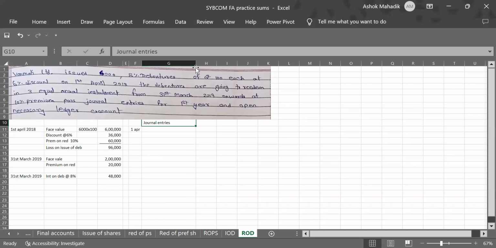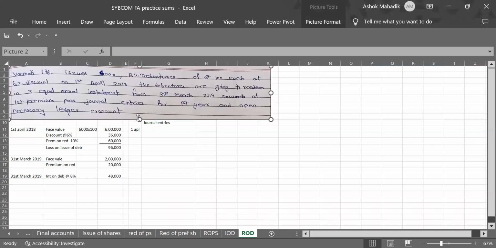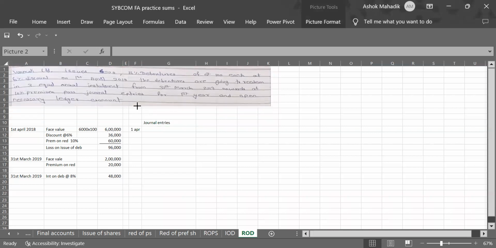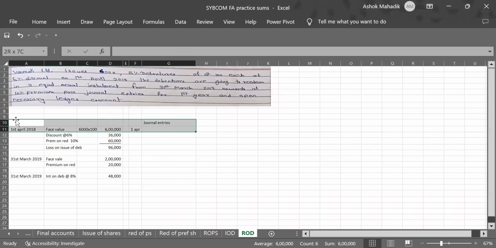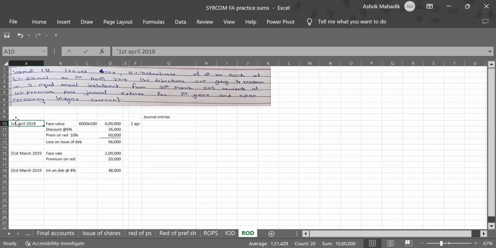So just reduce this size of photo because it is not useful now. We have taken out the details. Let us start with the first entry. First entry is issue of debenture.